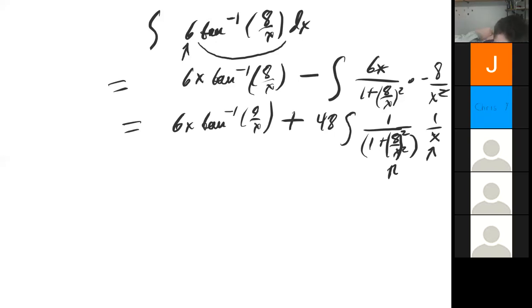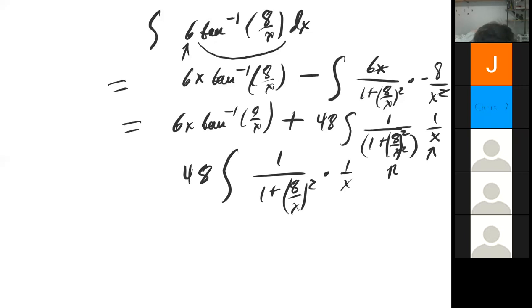So then we can do 48 integral of 1 over 1 plus 8 over x squared times 1 over x, and I'm looking for a u substitution here. So what should my u sub be? Can you help me out, Audrey?